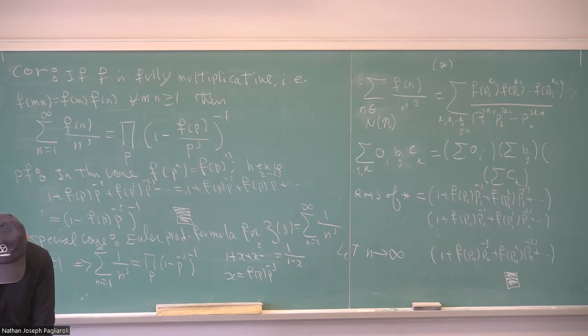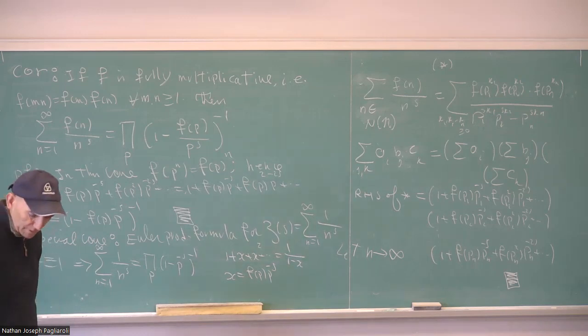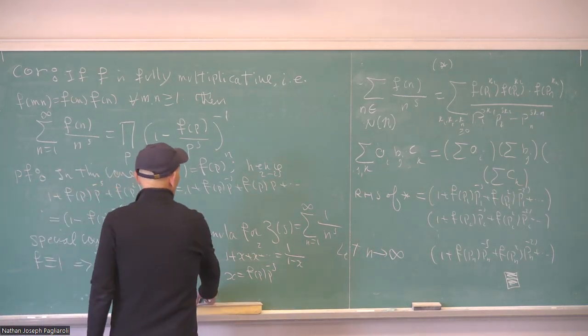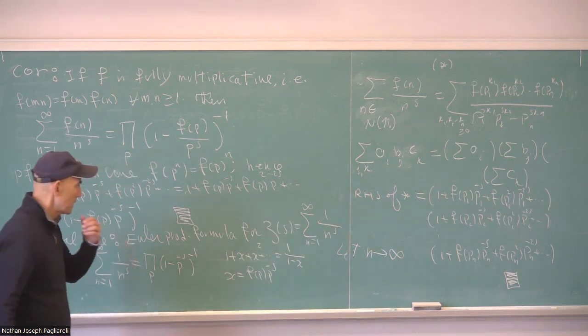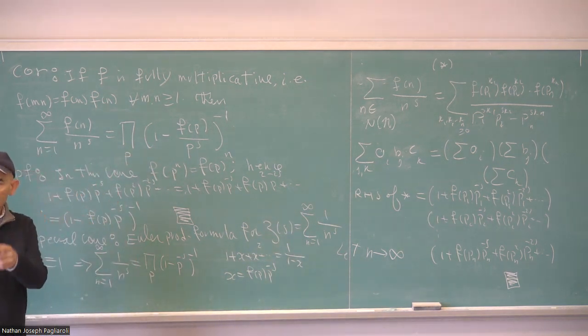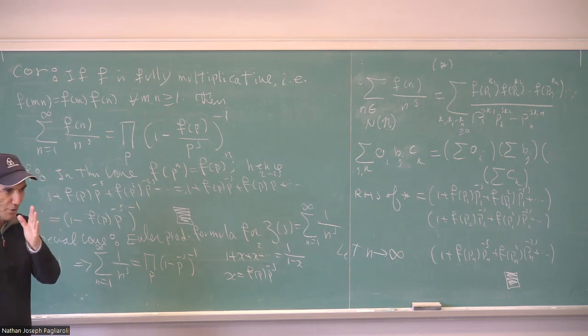Cool. So now we want to do something really nice about the zeta function. It relates to the question I asked about the convergence of zeta on the line s equal to 1.